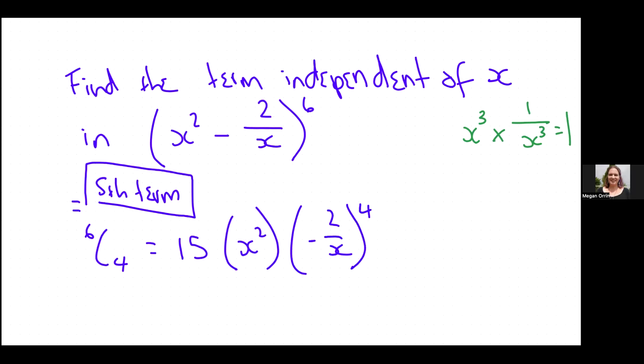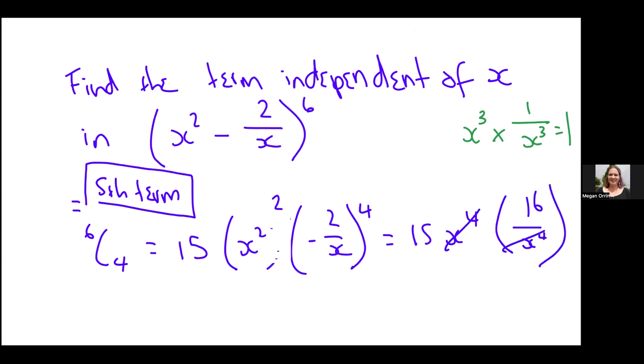Yeah. 6 minus 4. So x squared to the power x squared is x to the power 4, and the other one is minus. Very, very good.